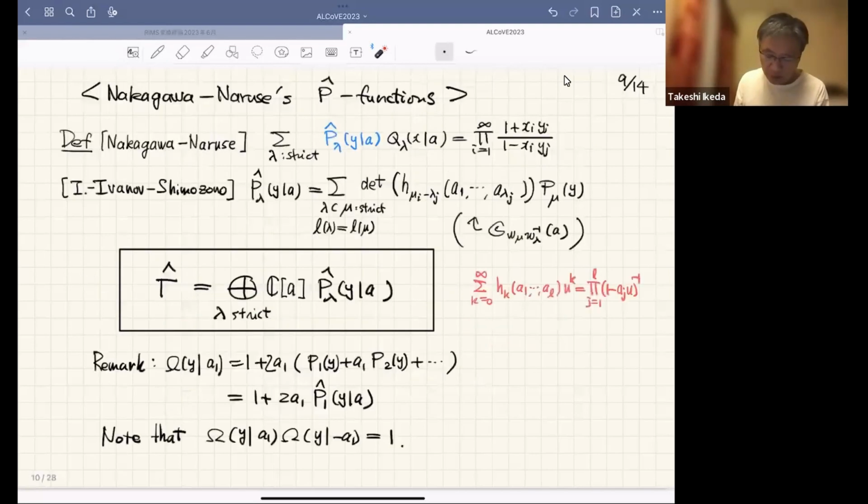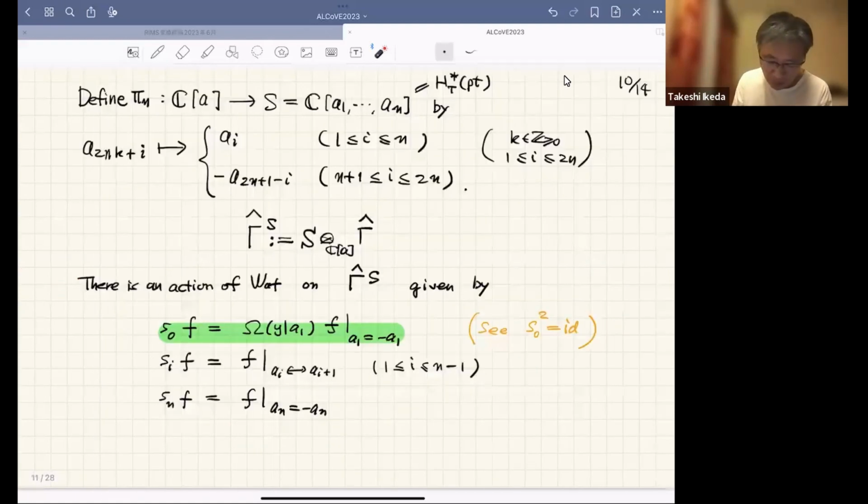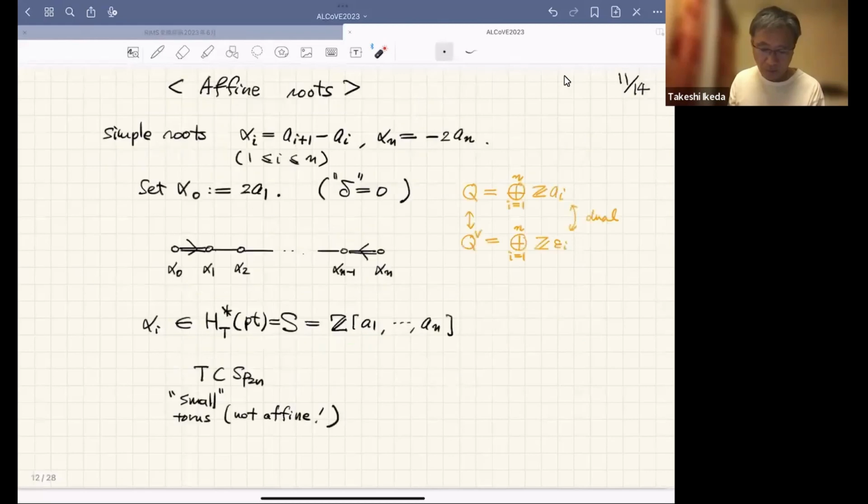So I think maybe I should explain the affine Weyl group. Affine roots, sorry. For each i from 1 to n, we put simple roots associated with type C_n. I use a sign convention different from the usual one, but this is just the standard one.